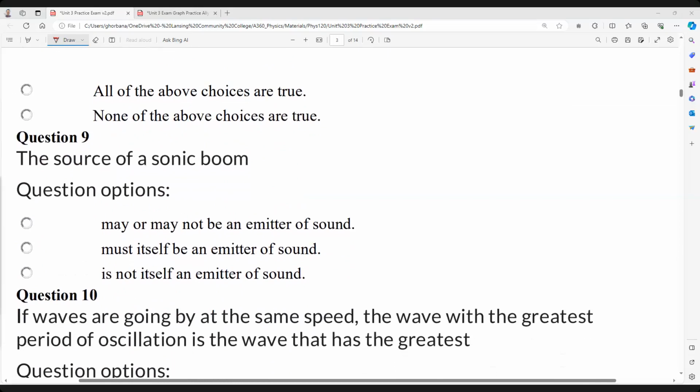Sonic boom, let's say we have an airplane, and the airplane's velocity becomes bigger than the velocity of the sound wave. Yes. So when the airplane is moving, it is creating the sound wave.